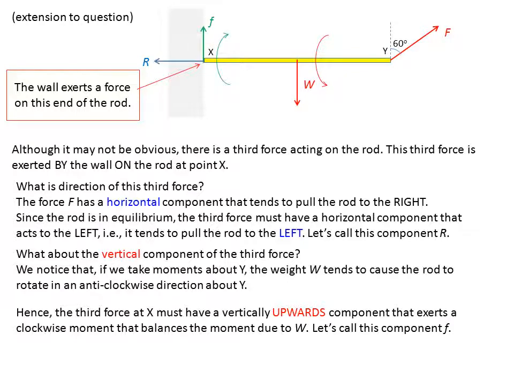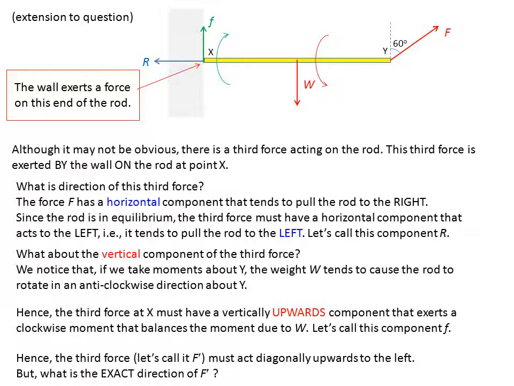And so this will exert a clockwise turning effect that balances this anti-clockwise turning effect. So we have managed to figure out the horizontal and vertical components of the force exerted by the wall on the rod at the point X. Okay, so the third force would have a leftwards component and a vertically upwards component.